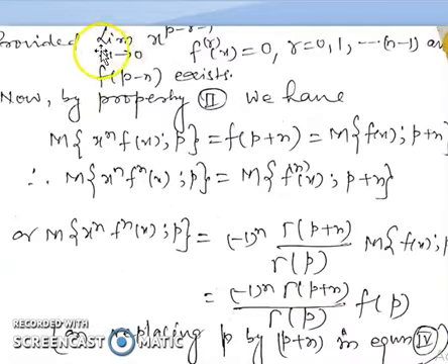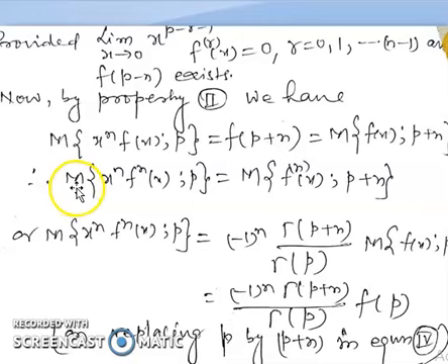Then, provided again the limit as x tends to 0 of x to the power p minus n minus 1 times f to the power r of x equals 0, for r equal to 0 to n minus 1, and F of p minus n exists. Now by using property number 2 of Mellin transform, M of x to the power n f(x) such that p equals F of p plus n, so M of f(x) such that p plus n.